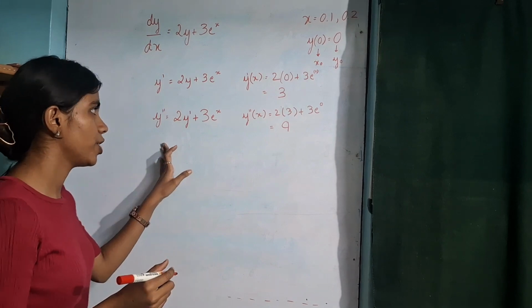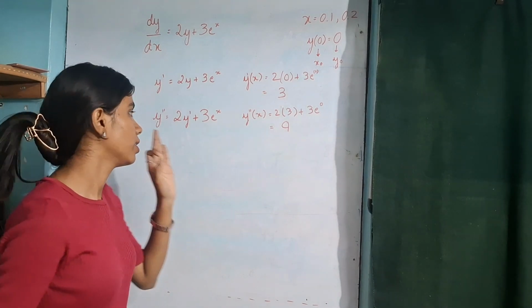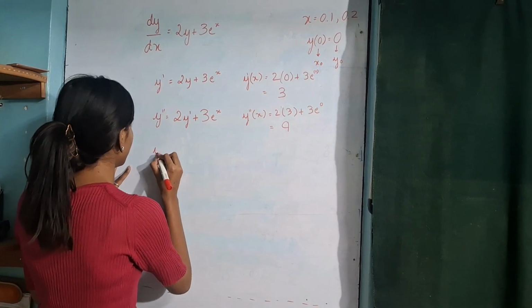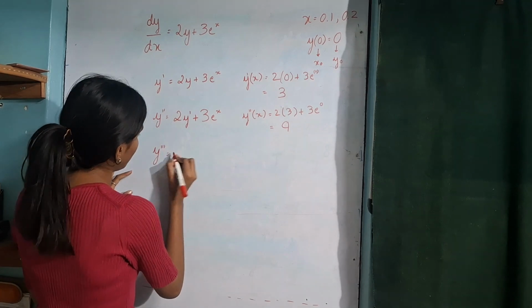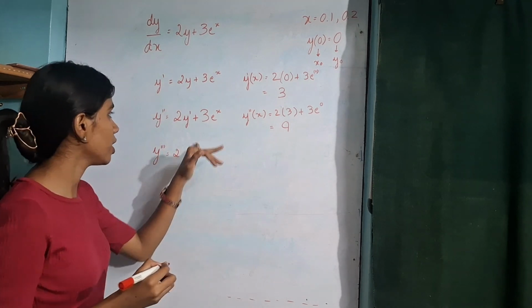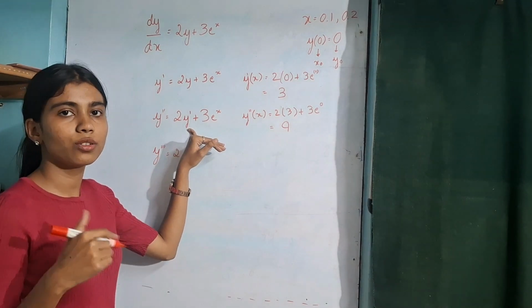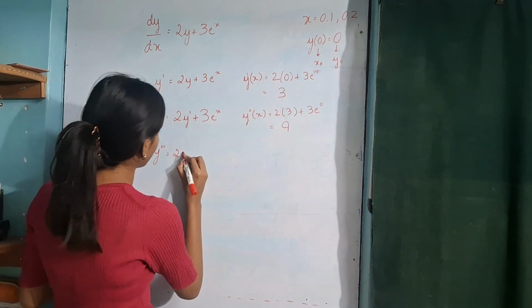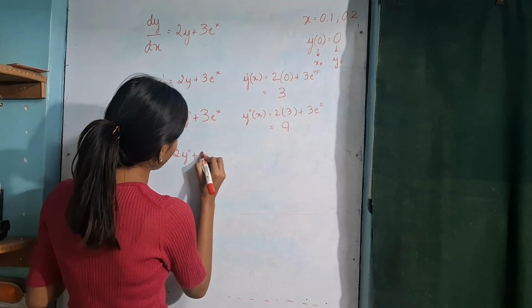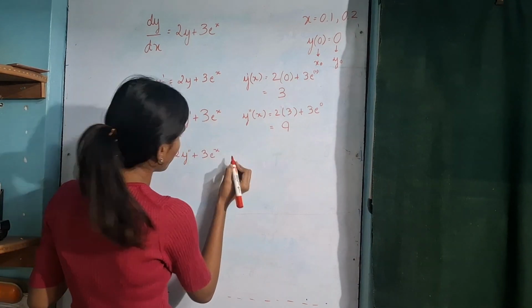Now what you did, you differentiated, you have substituted. Now we are going to differentiate this a third time. So 2 times the differentiation of y dash is going to be y double dash, plus 3 e raised to x is not going to change.